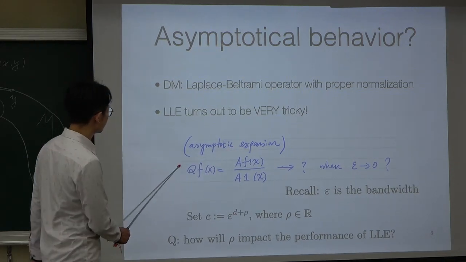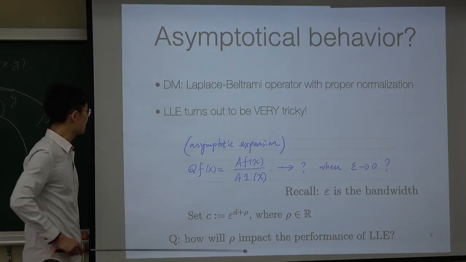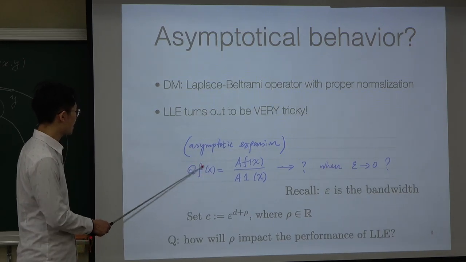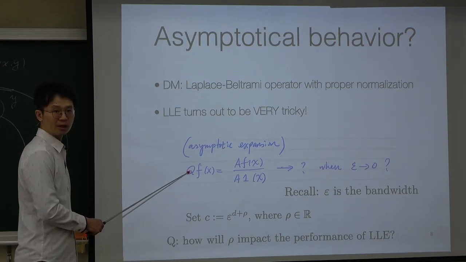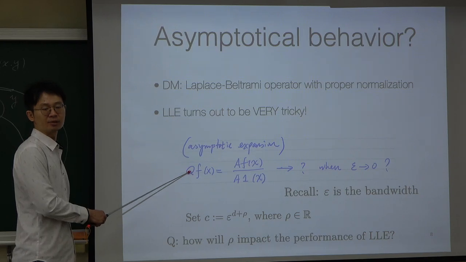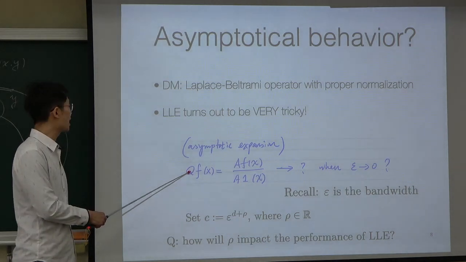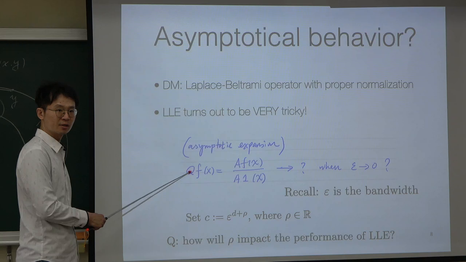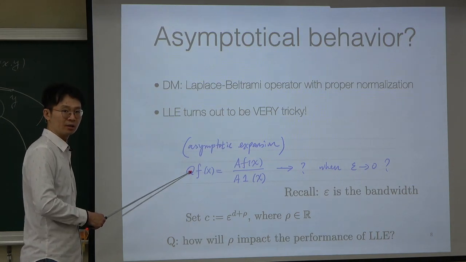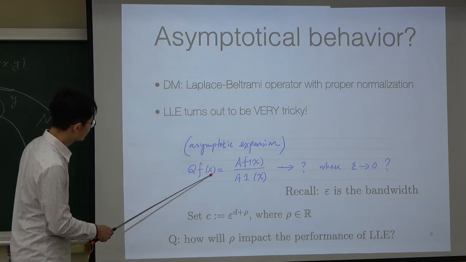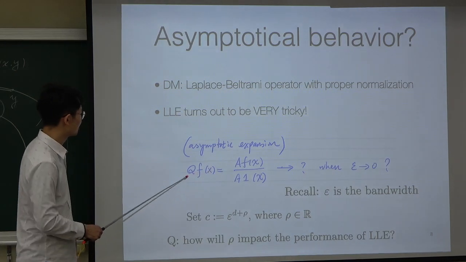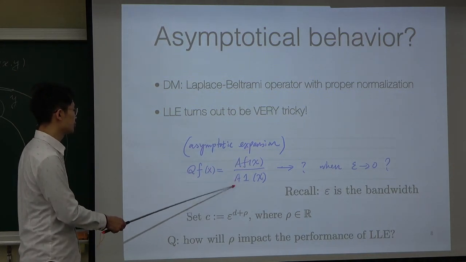And this is the question we want to ask. If you recall, Qf, this operator, is what we get asymptotically of omega_x transpose f vector. That is at one point x, and you have the Q operator, which is a normalization of the A operator.